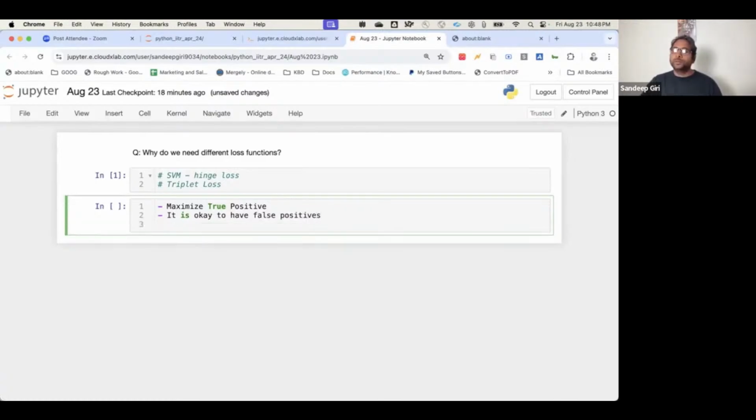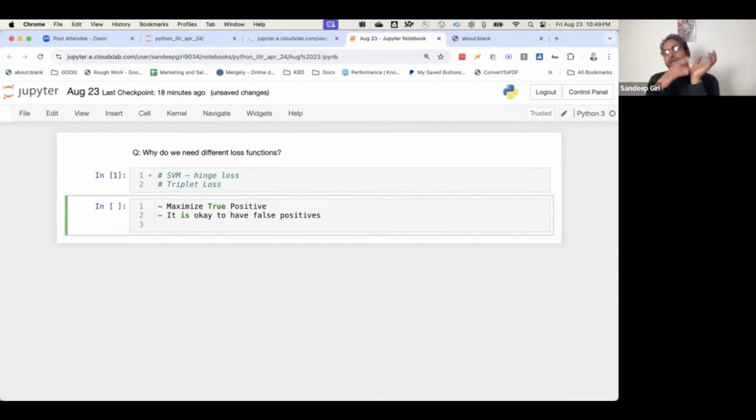This was one of the problems that I was trying to build: it's okay to classify somebody as a thief rather than dropping them. Okay, so I wanted to maximize the probability that if somebody looks suspicious, I should catch them. And even if somebody is looking less suspicious, still I should catch them.